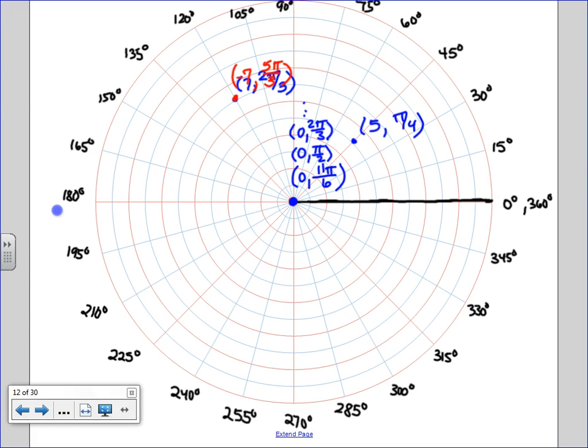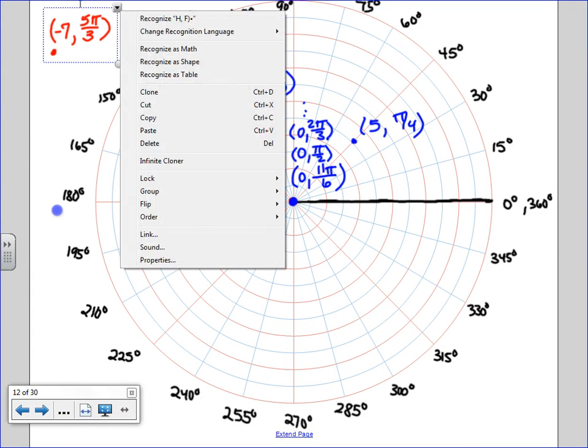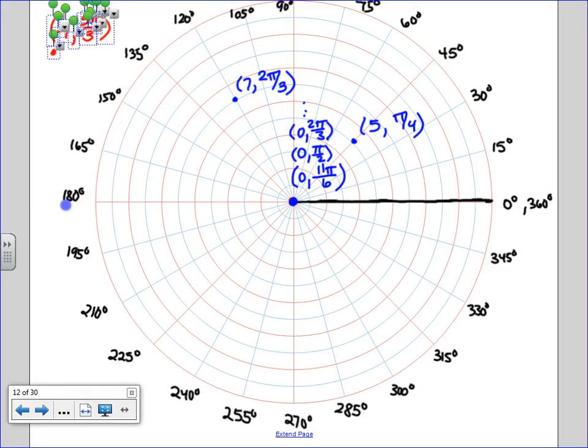Can I get to any point on a polar graph multiple different ways? Yes. And that is where we're going to have a dilemma. I'm going to go ahead and split it up really quickly just so that we can see it. Group, ungroup. We'll put the point here, and then we'll say 2 options, same point, right?